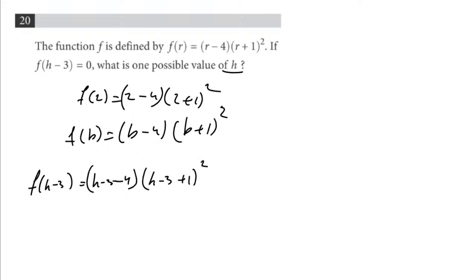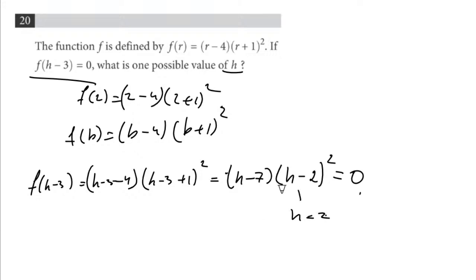And this equals (h minus 7) multiplied by (h minus 2) squared, which equals 0, right? It says so. So if this equals 0, then h equals 2 or h equals 7. They ask for one possible value, so we can write 7 or 2. Both work here.